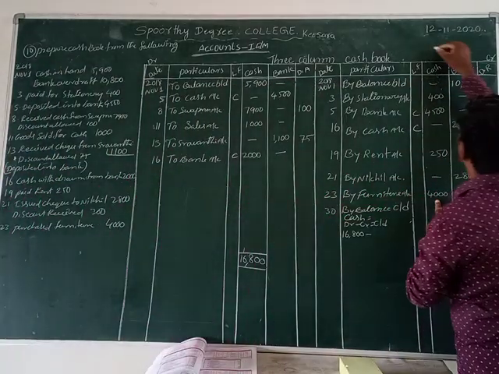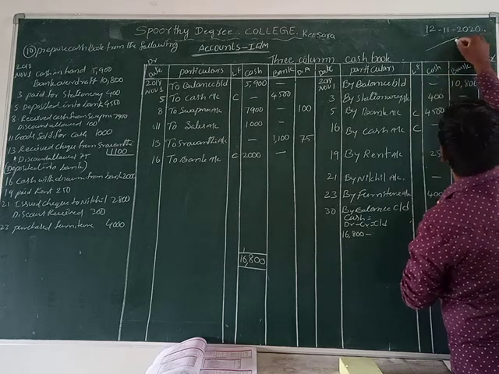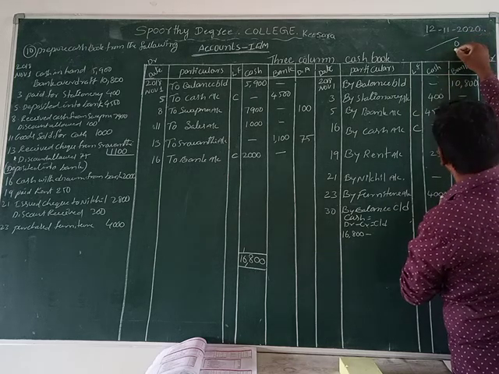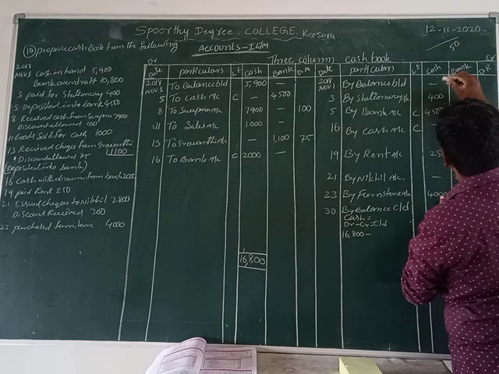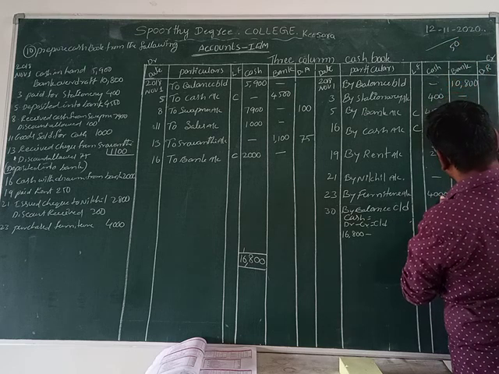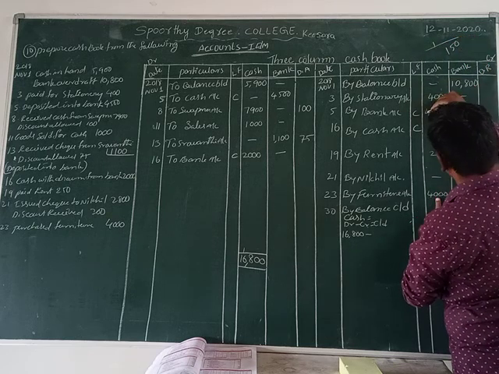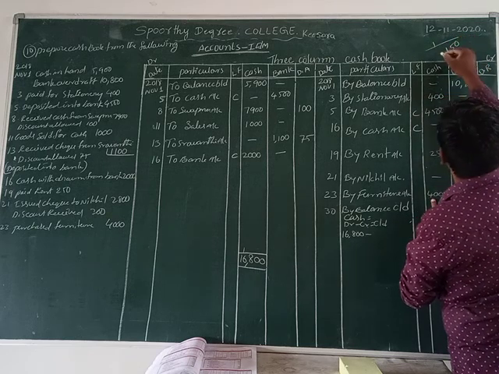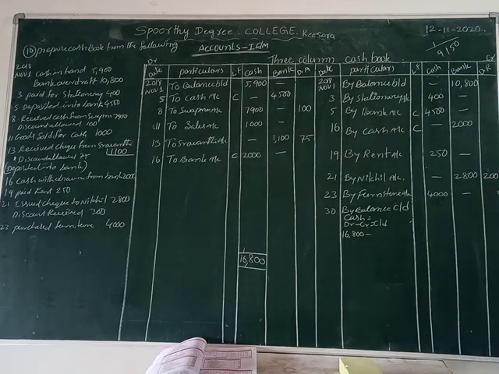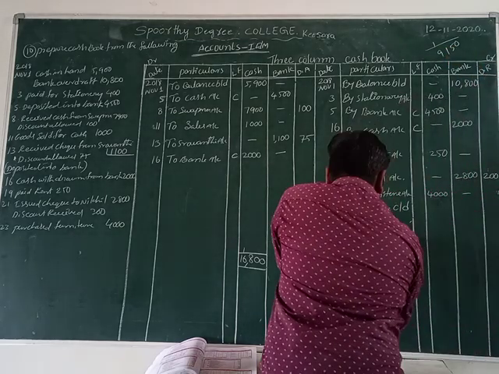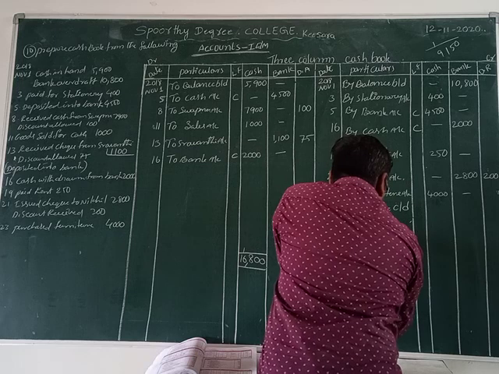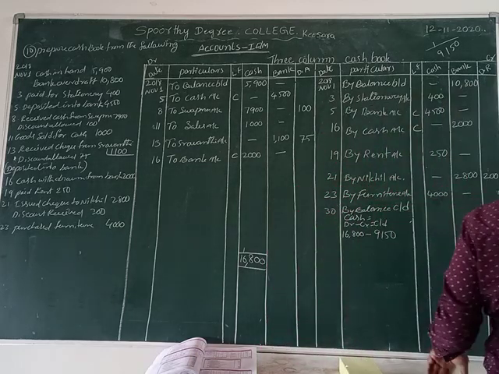We are doing the total here now. First column 0, second column 5, third column 4, 5, 9, 9 to 11, 1 and 1. Next 4 plus 4, 8 plus 1, 9. The amount is 9,150 rupees. Now we subtract that one.